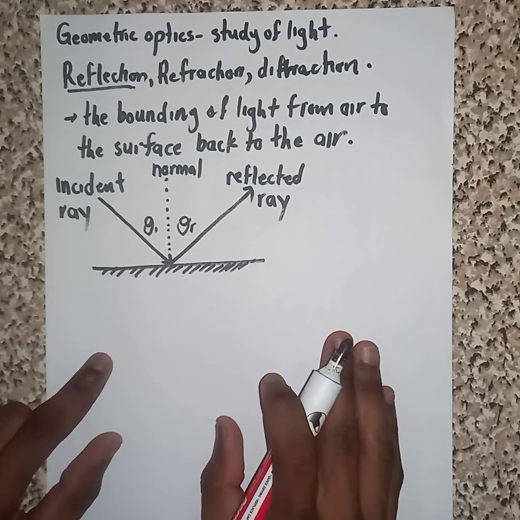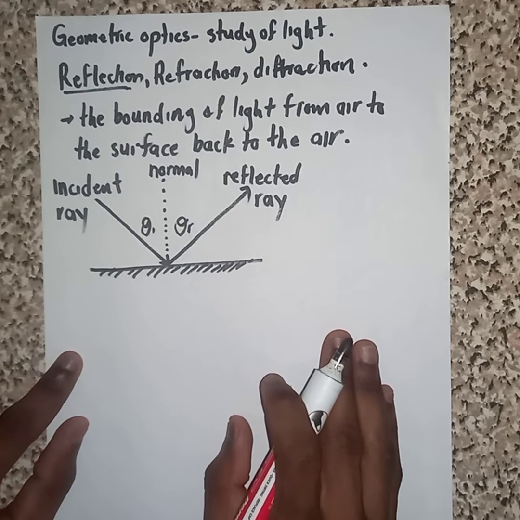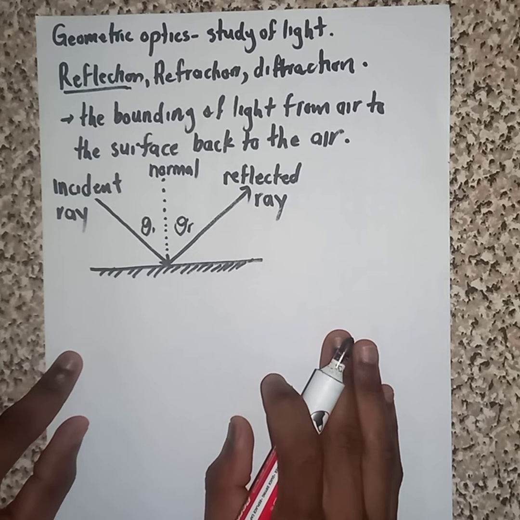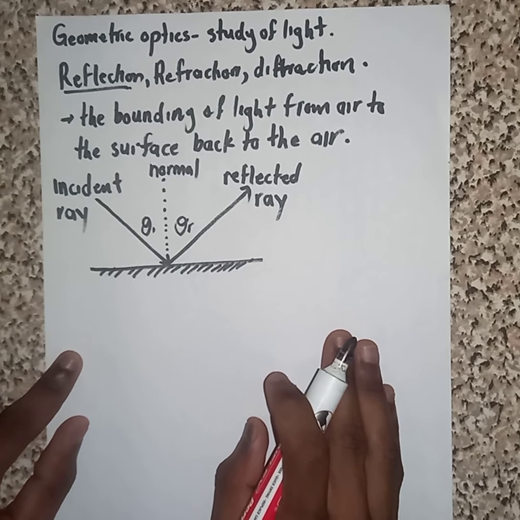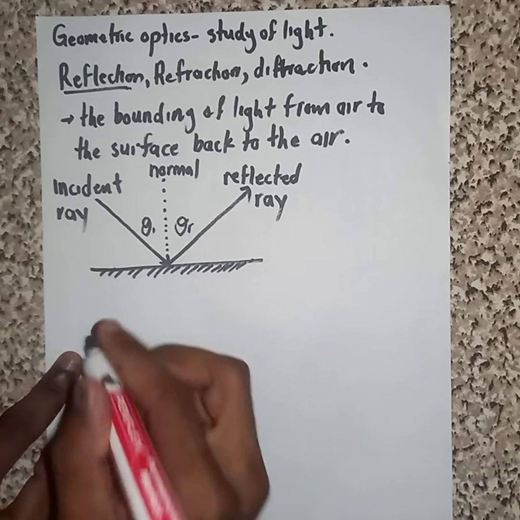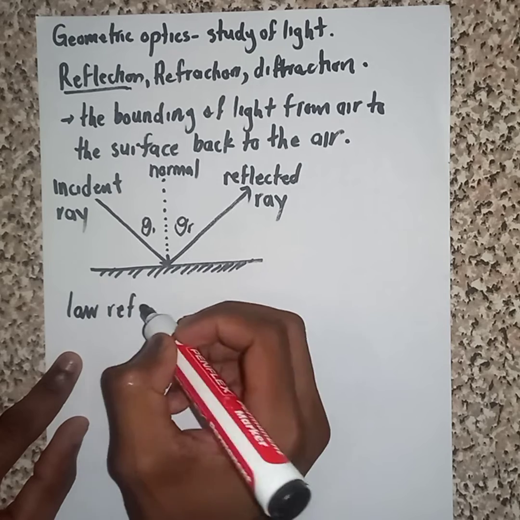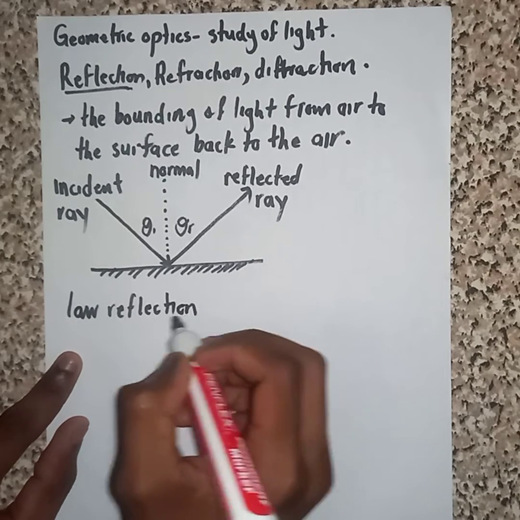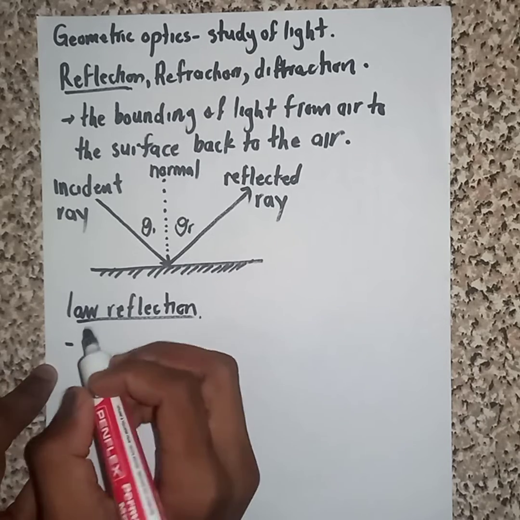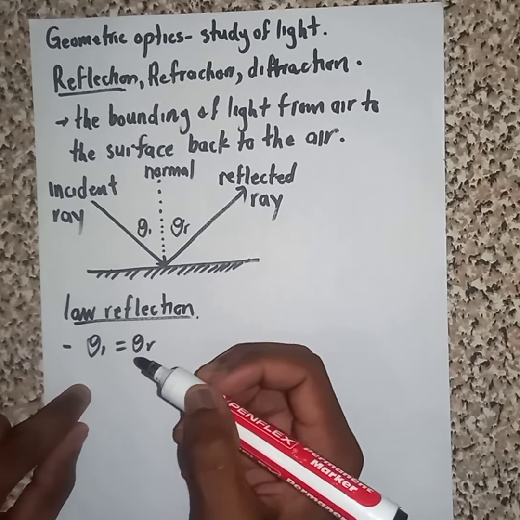Then again, my fellow learners, a learner should be able to state or identify the key concept here, the law of reflection. The law of reflection states the angle of incidence will always be equal to the angle of reflection.